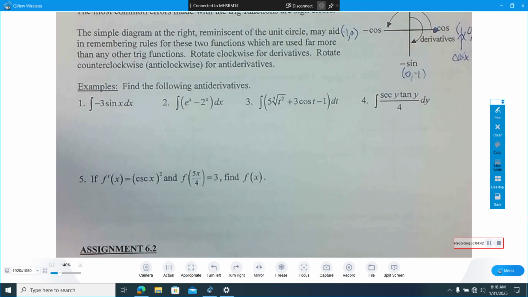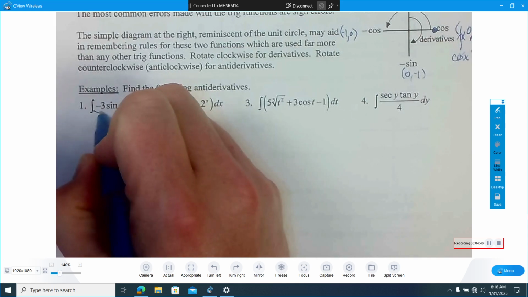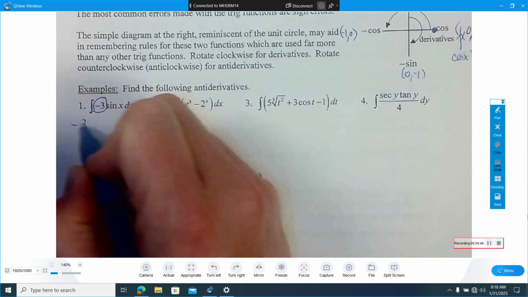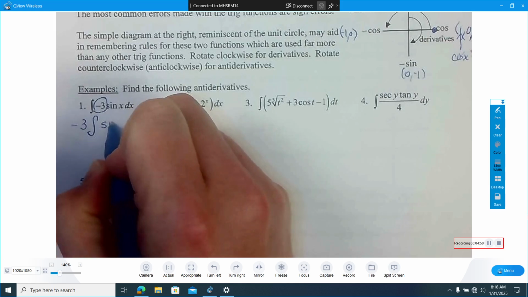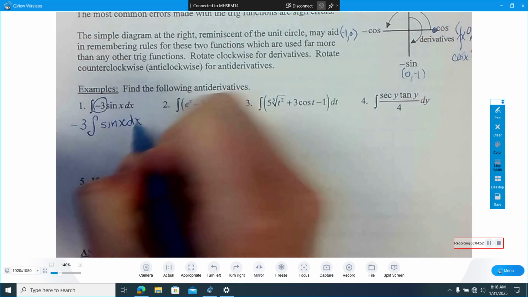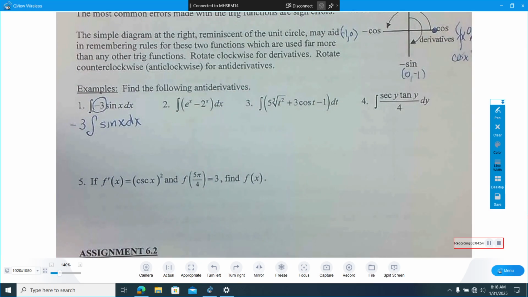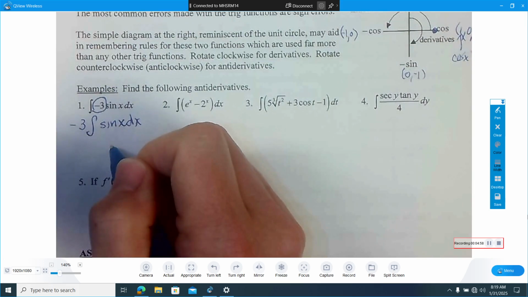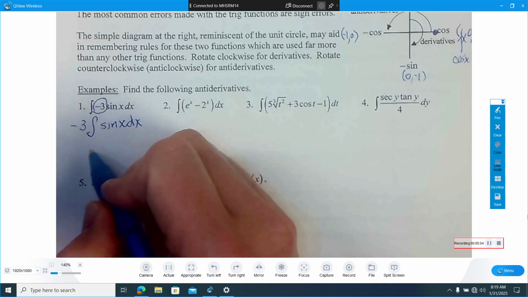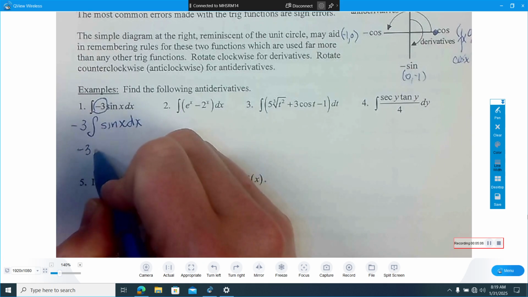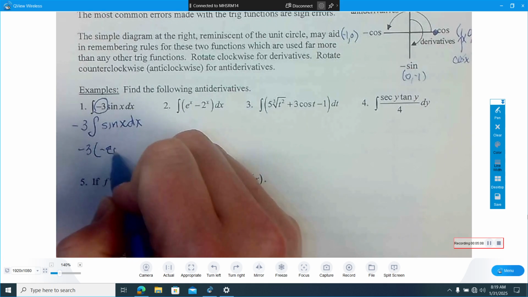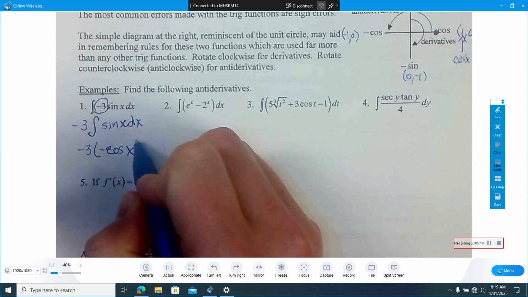All right, so we want to just practice these antiderivatives. This is a lovely little scalar multiple, so technically we could just pull that out in front. And what is the antiderivative of sine of x? We have a -3, and then that would be times negative cosine of x plus c.